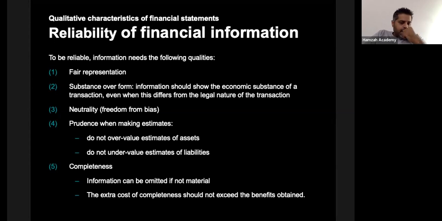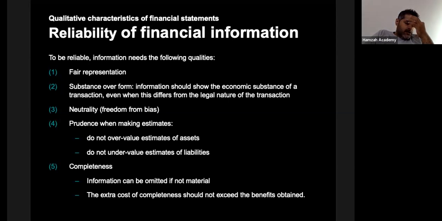Talking about completeness, information can be omitted if not material, and the extra cost of completeness should not exceed the benefits obtained. Financial information should be complete, which means it should not omit anything that is material, right? I hope you have an idea about materiality. Materiality is something which can be material to someone and not material to another at the same time.